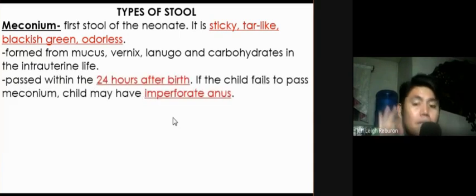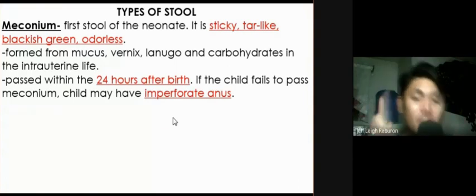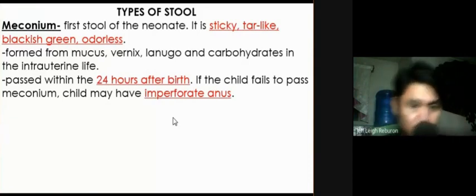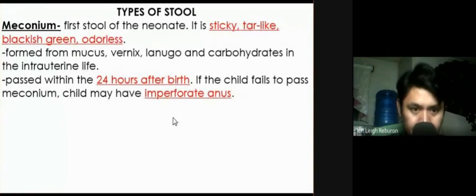Alright. Now, it is important that we monitor the delivery of the meconium. Dapat po tinitignan natin na yung meconium ay lumalabas within the first 24 hours after birth. Siguraduhin po natin na yung bata nakatae within the first 24 hours. Why?